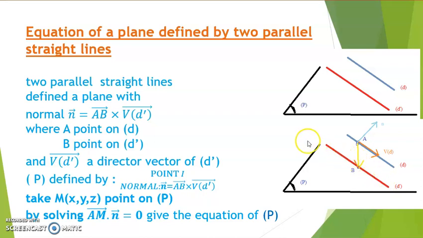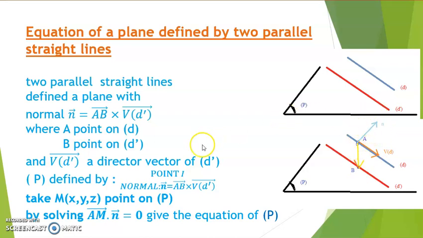And we know that the normal vector of plane P is the cross product of two non-collinear vectors in the plane P. Then we can take the two vectors AB and VD, the direction vector of D, and the cross product of these two vectors gives a normal of the plane P.